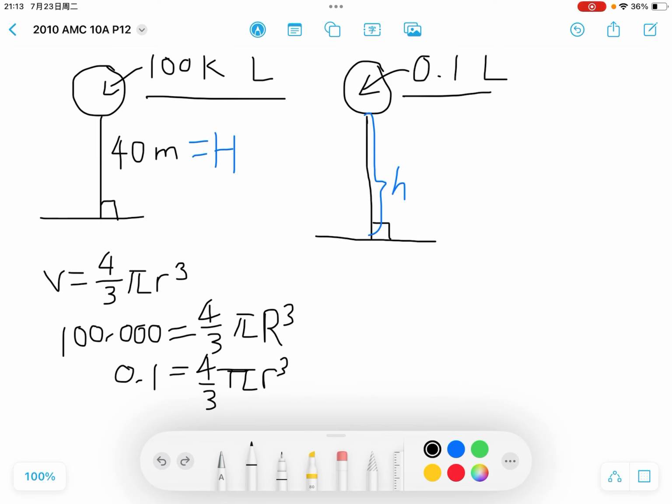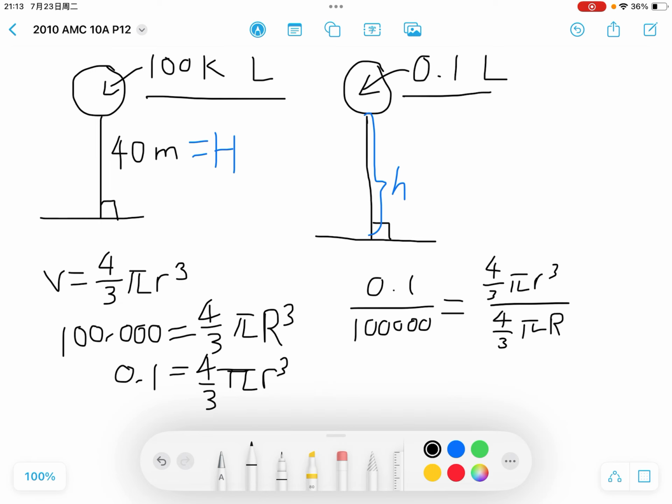So now we've got the two portions, and we can divide one equation by another. So we have 0.1 over 100,000 is 4/3 pi small r cubed over 4/3 pi big R cubed.